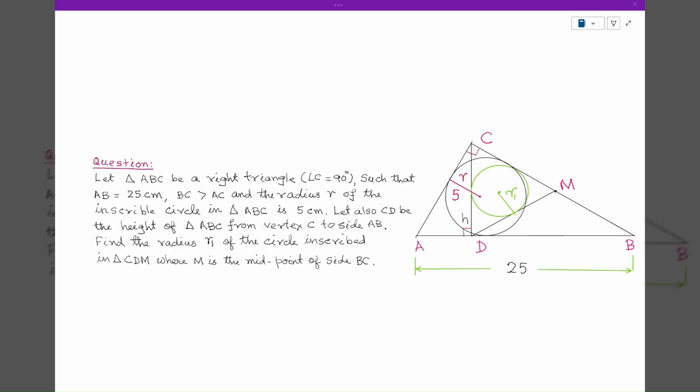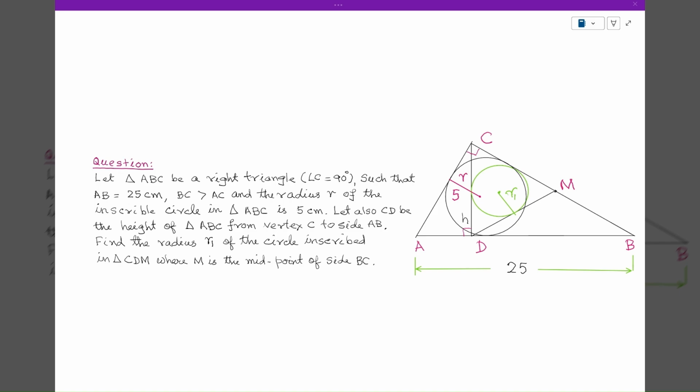Let triangle ABC be a right triangle with angle C equal to 90 degrees, such that AB is equal to 25 and side BC is greater than side AC, and the radius R of the inscribed circle in triangle ABC is 5 centimeters.